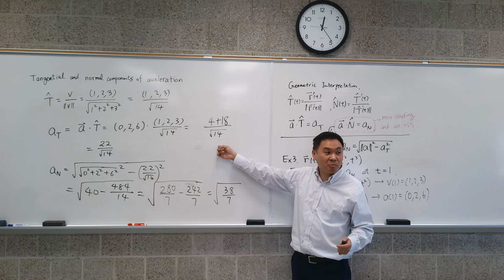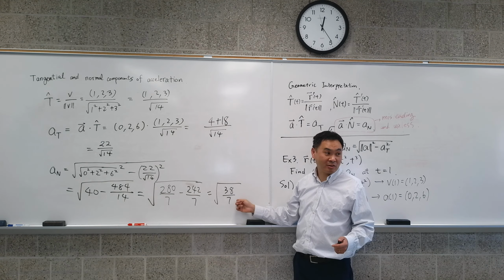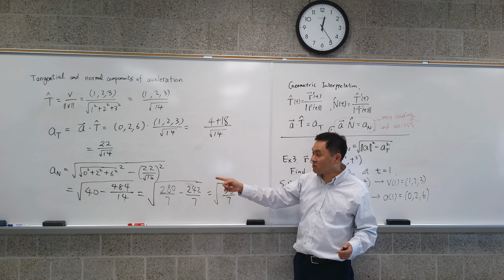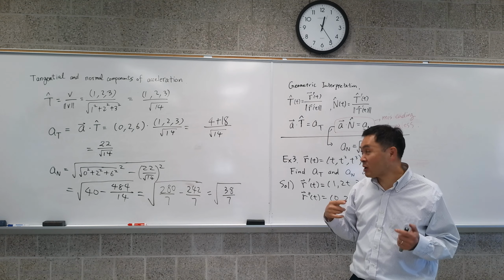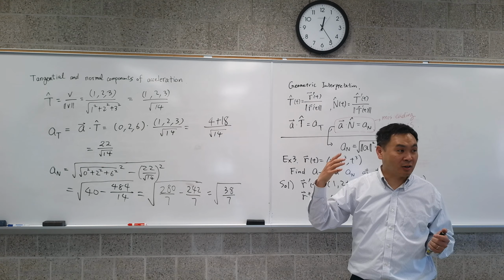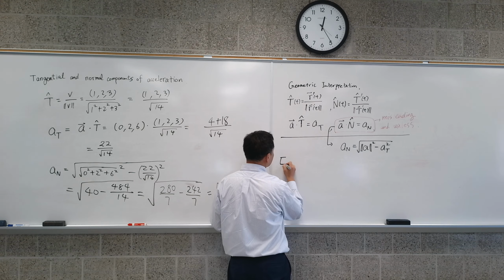AT could be plus or minus. If this is plus, it's speeding up. If it's minus, then it's slowing down. Whereas for this guy, this is always positive. This acceleration will always be pointing in the same direction as the normal direction. Example 4.